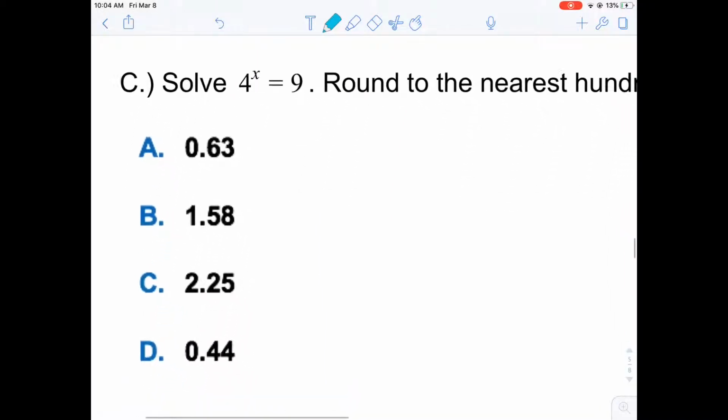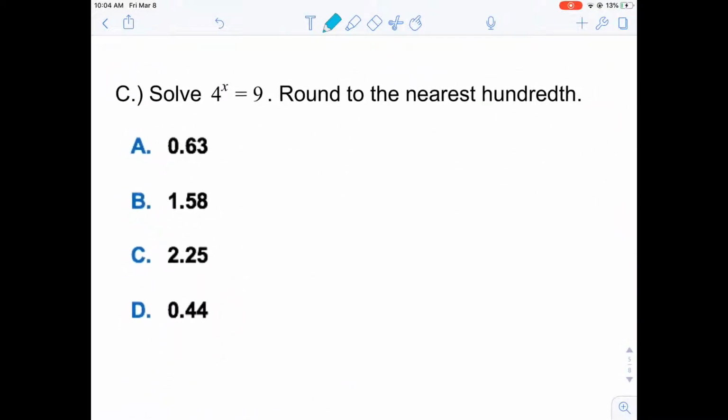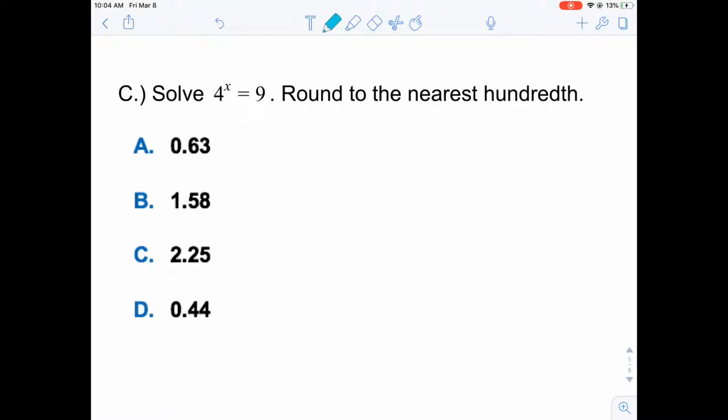Okay, part C. If you think you can, go ahead and pause this and see if you can give this a try. Alright, so this is similar to part A. We want to take the log of both sides, because we have this x in the power and we want to bring it out in front, and so the safest log to use is either our common log or ln.